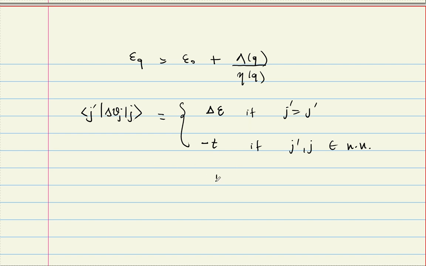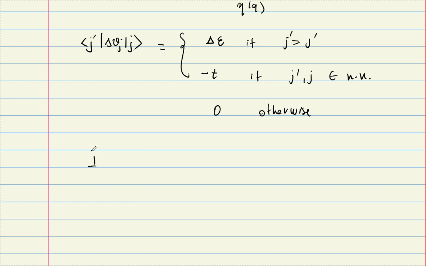Typically people can also put T prime if J prime and J are next nearest neighbors, and you can take as many neighbors as you want, but generally we will not even take that. We are going to say 0 otherwise. But in some problems you can take longer and longer hopping.